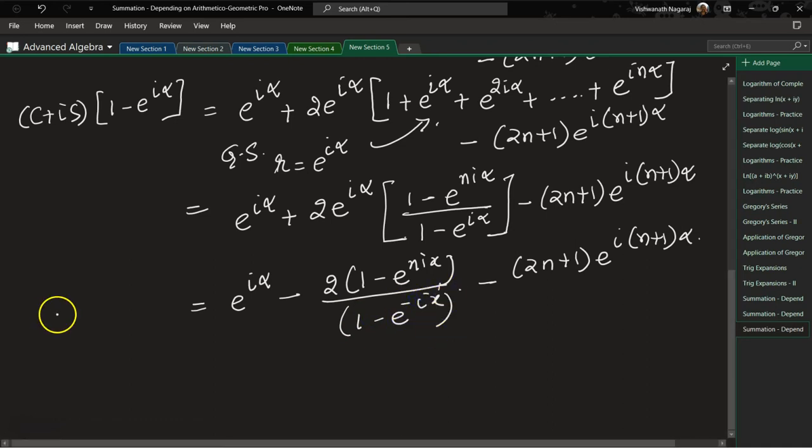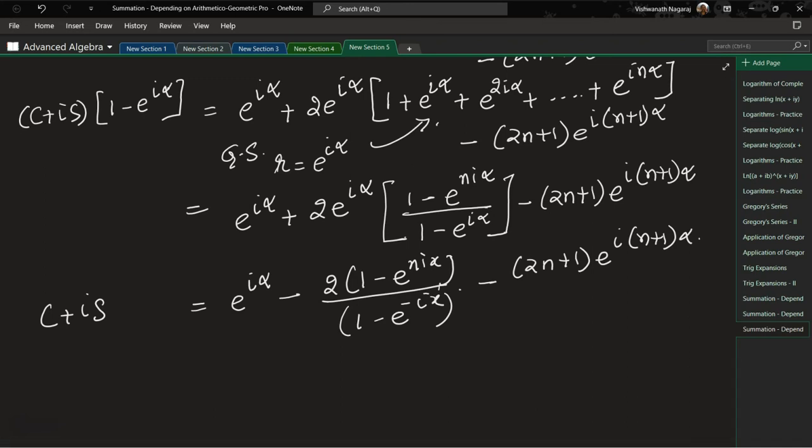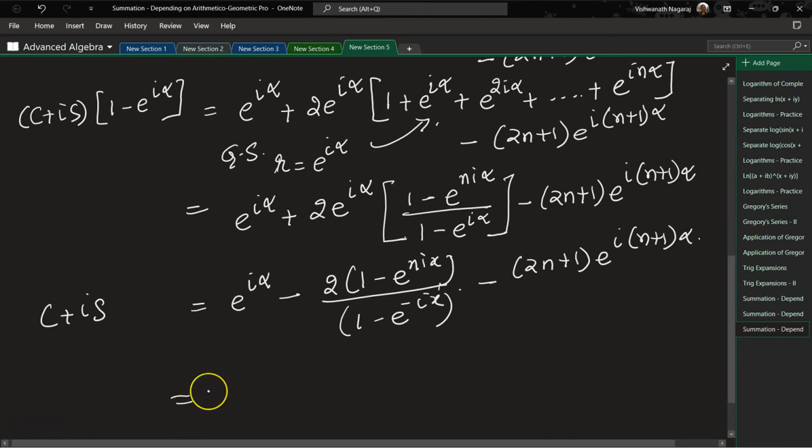Now, remember here we have 1 minus e to the power of i alpha. So let's take it to the other side. Okay, so when we take it out, what will happen? This doesn't have a denominator, this also doesn't have a denominator.